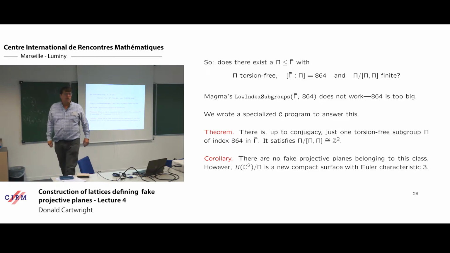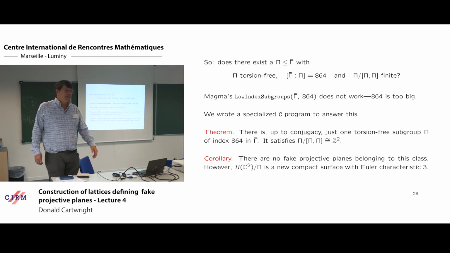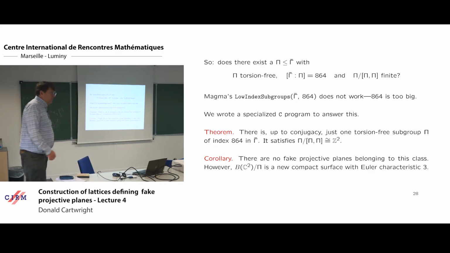Unfortunately, if you plug in 864, it's just a bit too big. Up to about 50 I've succeeded with other examples, but 864 is way too big. You can set it running, and it doesn't blow up immediately, but it doesn't finish.